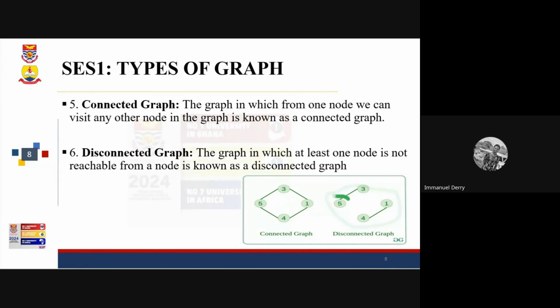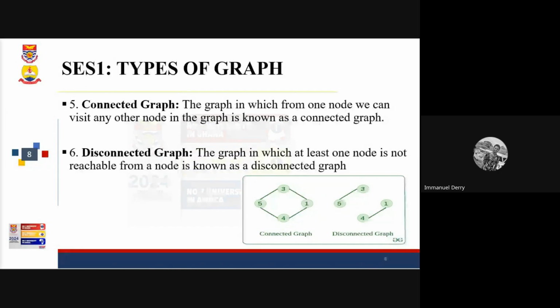When we are at node 5, we could visit 3, but we cannot visit 4 and then 1. That is why this is a disconnected graph. However, if we are at 5, we can visit any other node in the graph. That makes it a connected graph.